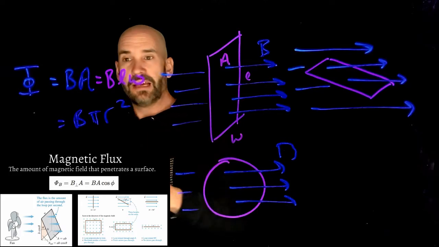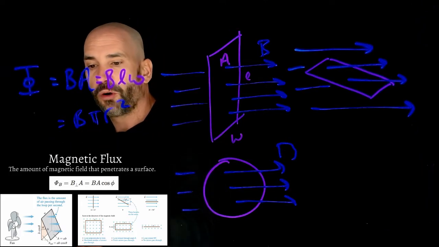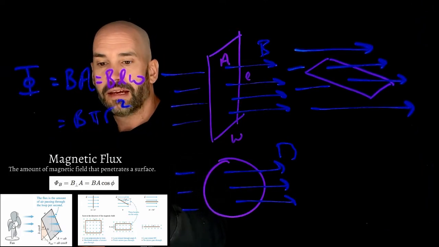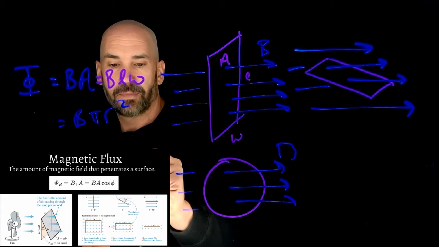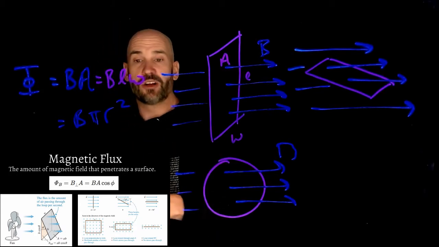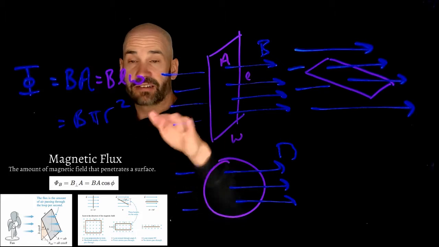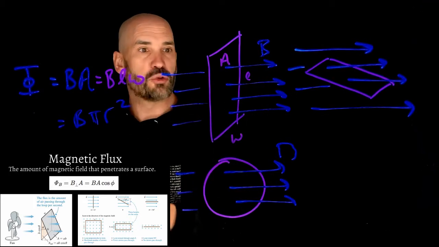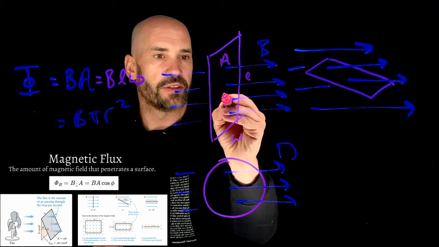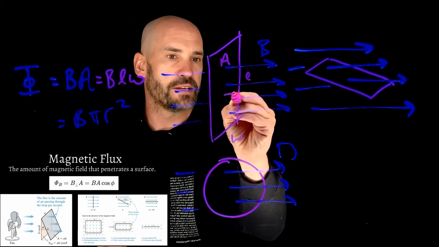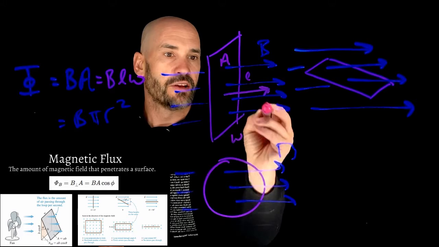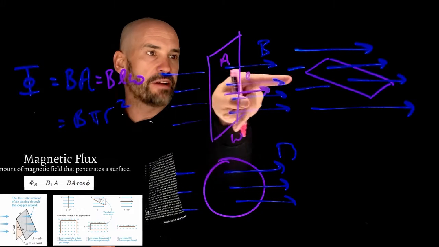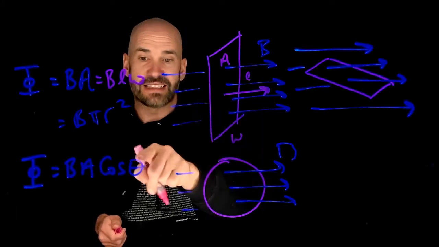So the true formula for flux is B A cosine theta. Cosine theta is a function where the angle starts out at 0, and to be specific, that's the angle between the area vector, which points perpendicular out from the area, and the B field. Here the angle between the area vector and the B field is 0.